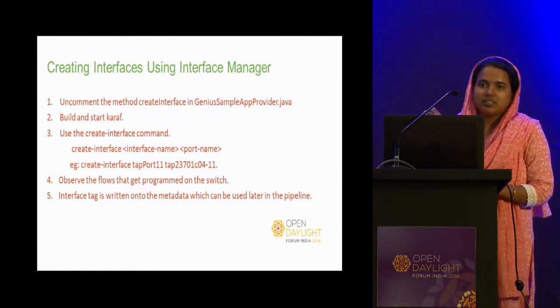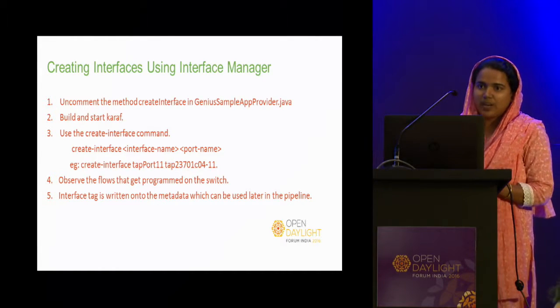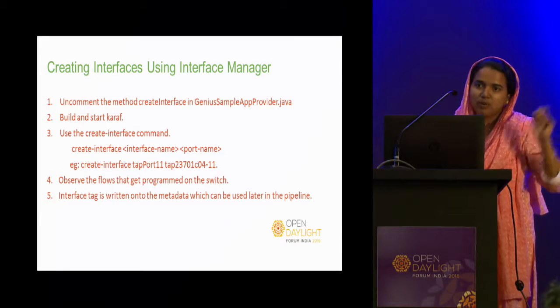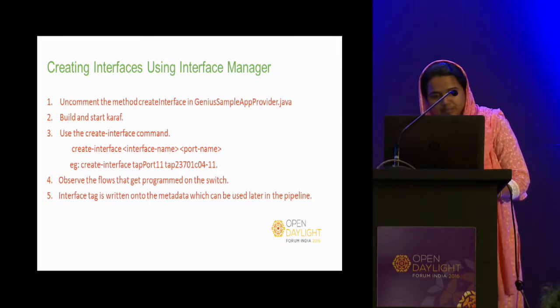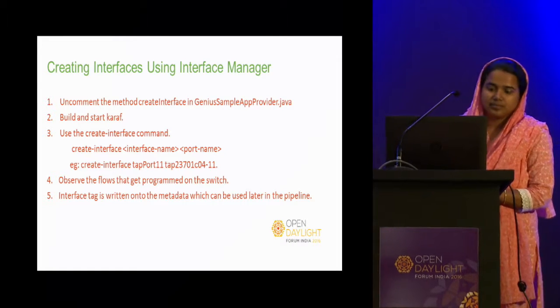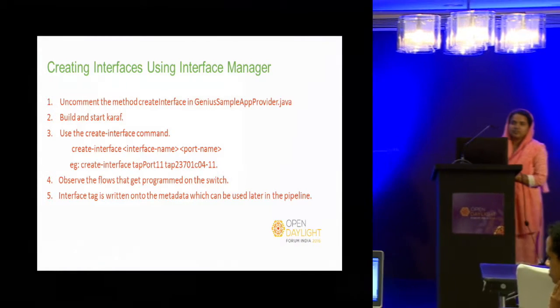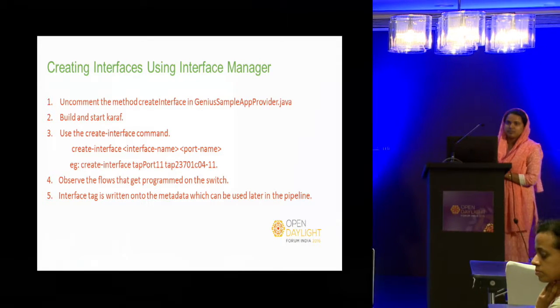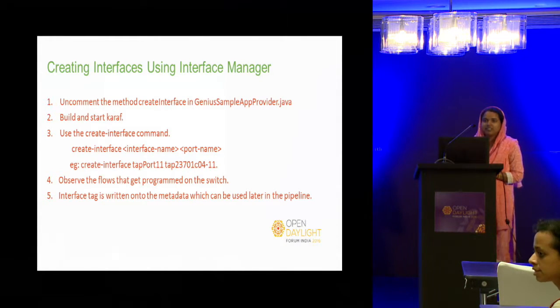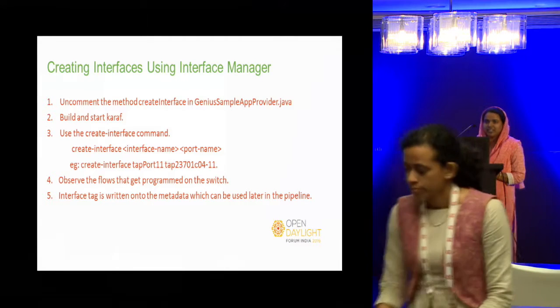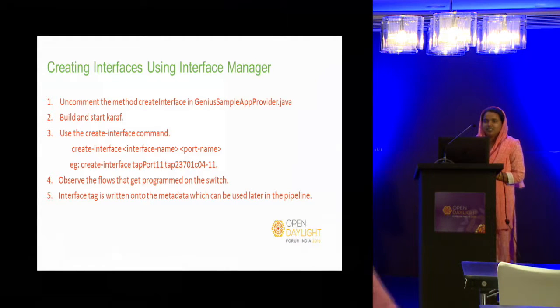It is used in the data path to identify that a packet has come on this particular interface. The interface tag will come inside the metadata field. You will be seeing one write metadata and a tag, which has the unique value.